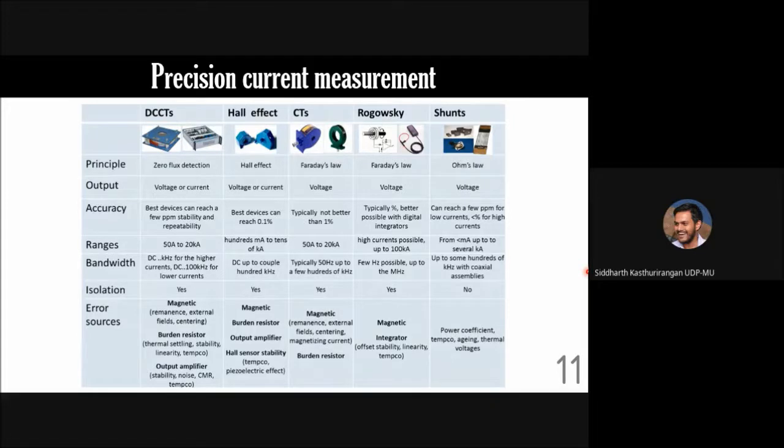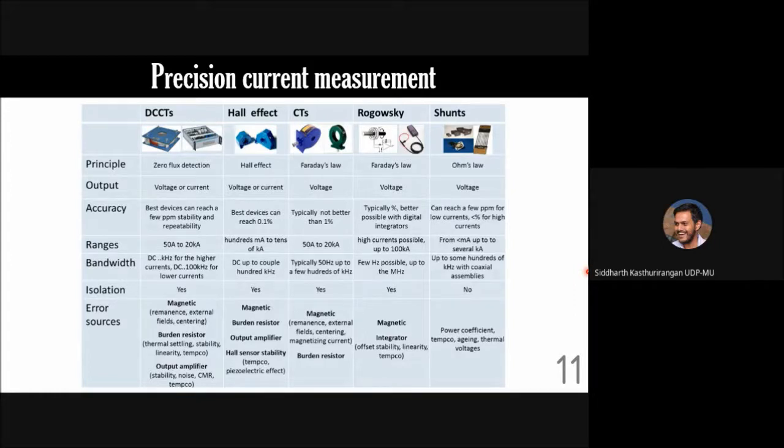But my point with this slide is that there are several different methods for precisely measuring the current, and then using that for maybe a better control and trying to maintain that particular magnetic field or that particular current using a feedback mechanism.